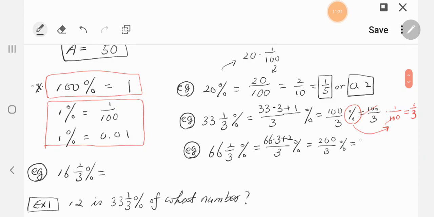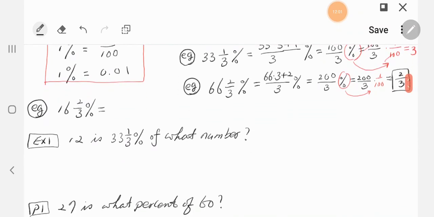And then replace this percent with 1 over 100, because 1% means 1 out of 100, right? So reduce it: 200 divided by 100 is 2. So this is equal to 2/3, right? 2/3.